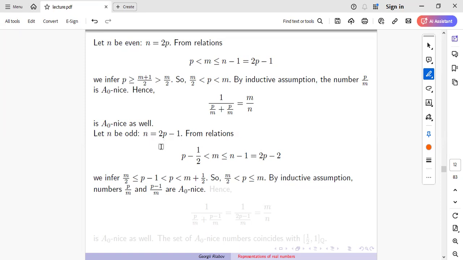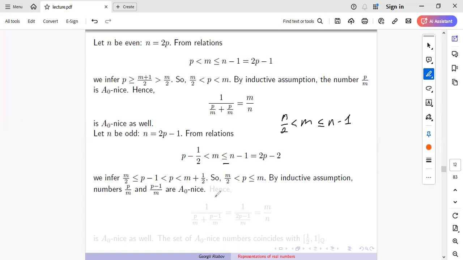So let n be equal to 2p minus 1. I recall that n over 2 is less than m, less or equal to n minus 1. So m is bigger than p minus 1/2 and less or equal to 2p minus 2. From this inequality, p minus 1 is greater than m over 2, and p is less than m plus 1/2, but p is a natural number, so p is less or equal to m.